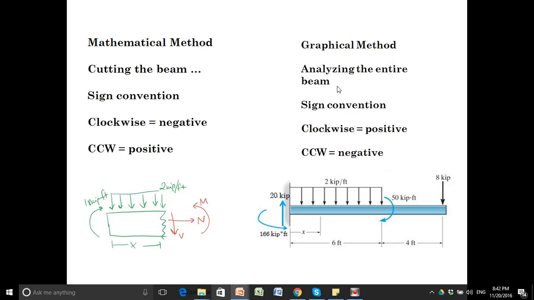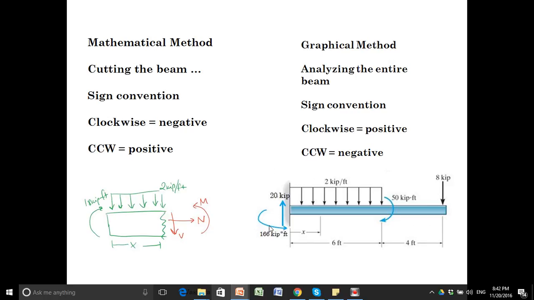What flips the sign convention is when we go to the graphical method. When we're analyzing the entire beam, just like we did in this problem, you're thinking to yourself, why is this counterclockwise 166 actually negative and why is this positive? So here is when the sign convention becomes flipped.